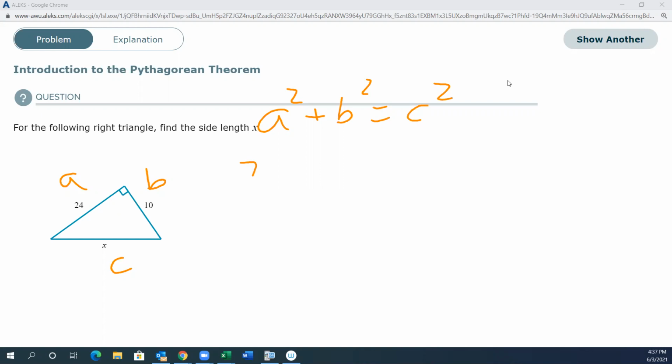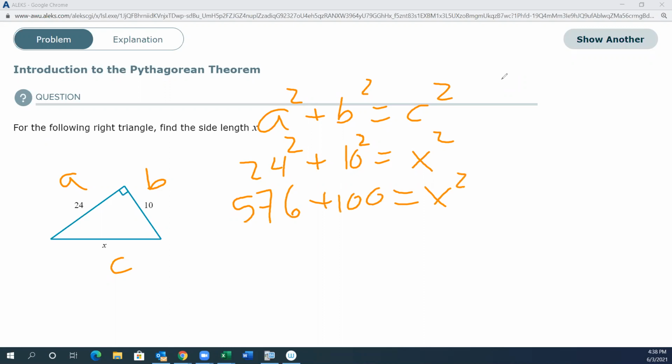All right, so we're going to go 24 squared plus 10 squared is C squared. Or, well, I guess they're using X. It doesn't really matter, but I'll use their variable. Okay, so now 576 plus 100 is x squared. So 676 equals x squared.